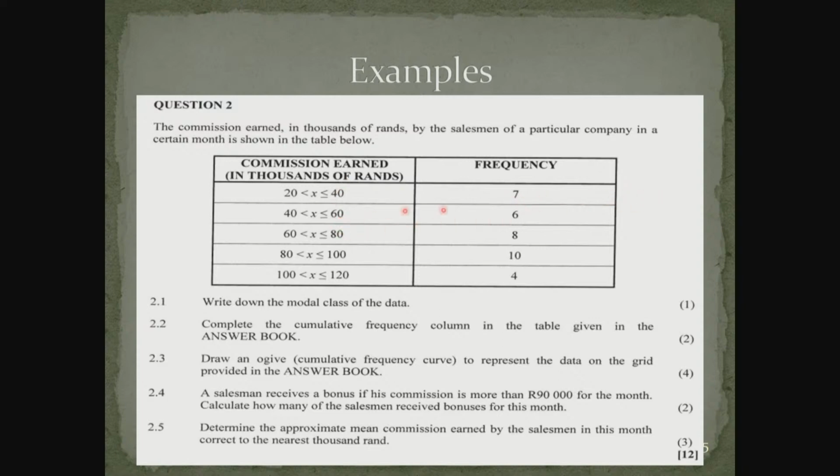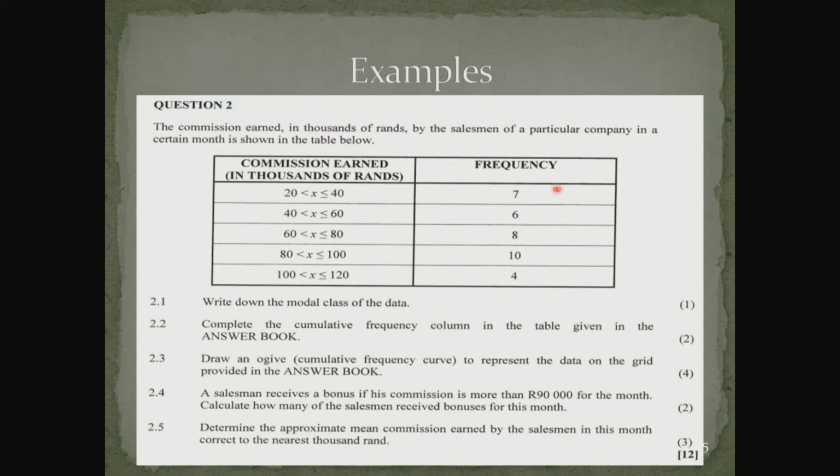Then the 60 is a point that I must draw. 60 goes with what? 60 is the x, then the y will be what? 7 plus 6 will give us 13. Then that is the one that we must draw: 60 and 13, and 80. 80 then will go with 21. You see how you plot the points. Those are the points that you must plot so that we can get the cumulative frequency curve.